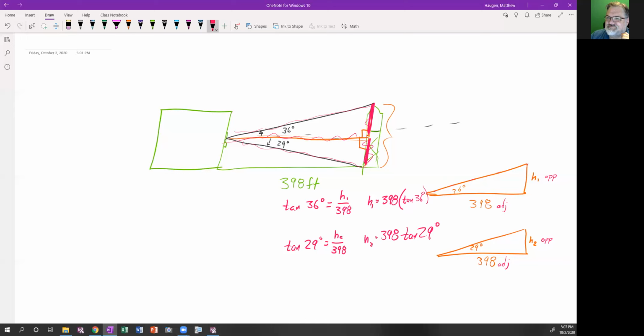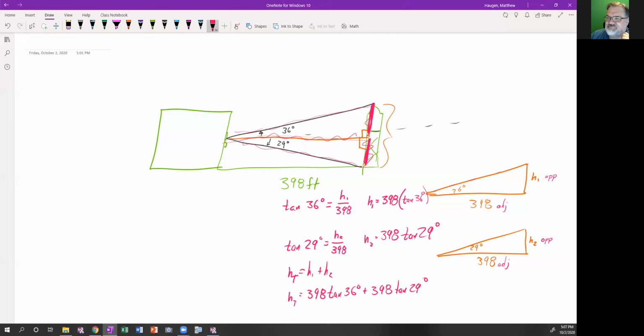So the height in total is going to be that first height plus the second height. So the height in total is going to be 398 times the tangent of 36 degrees plus 398 times the tangent of 29 degrees.